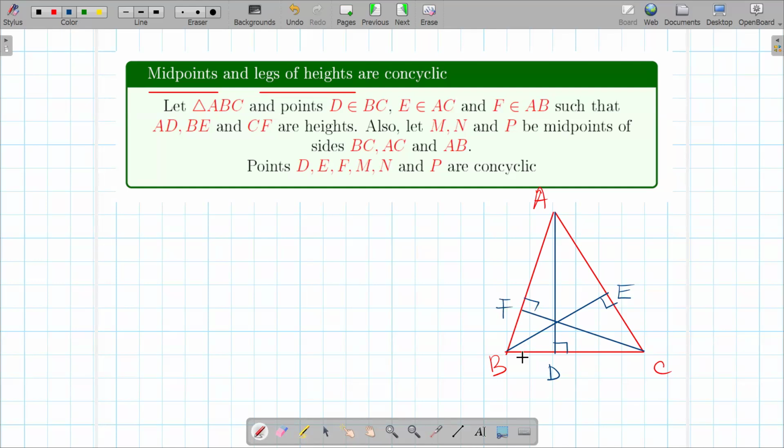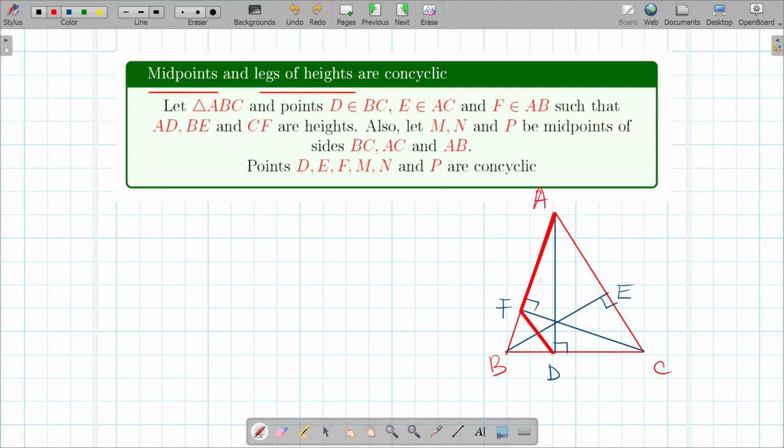Well, we actually looked at this kind of setup where we were focusing on a triangle and its heights. And for example, we realized, and it's easy to prove again, that we have a bunch of cyclic quadrilaterals, namely AFDC is cyclic, just because of the fact that we've got these two right angles.